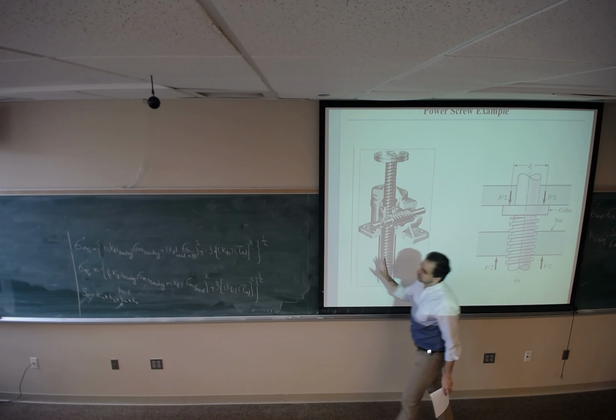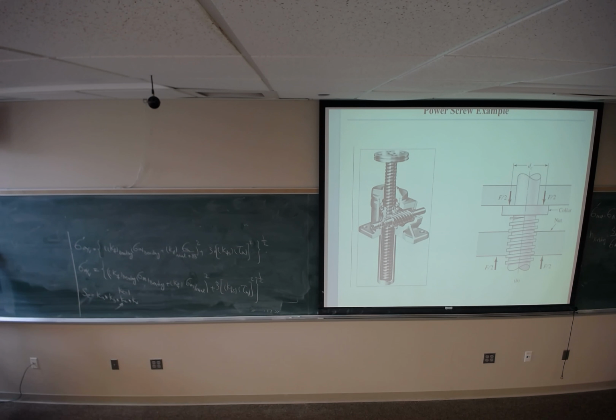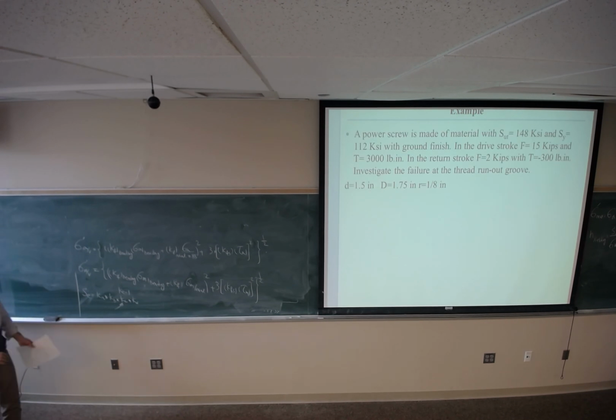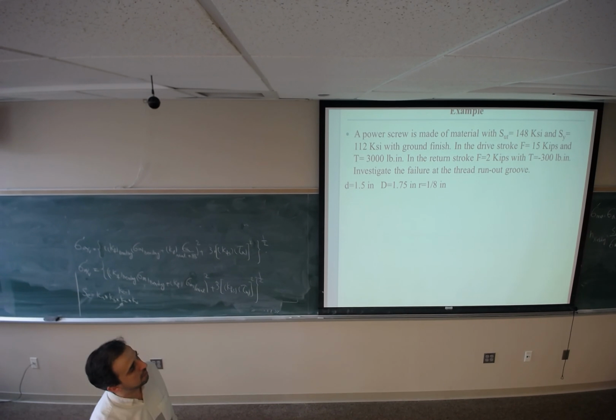So this example is about the power screw. The material of the power screw is given, the alternating strength and yield strength, and it's a ground finish.